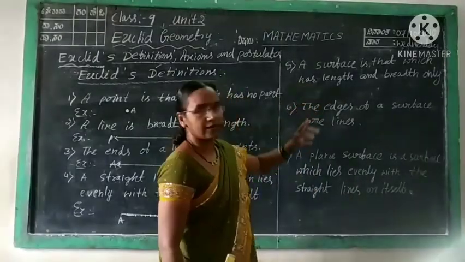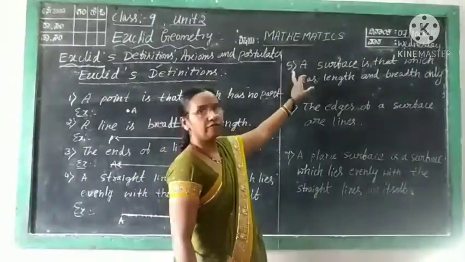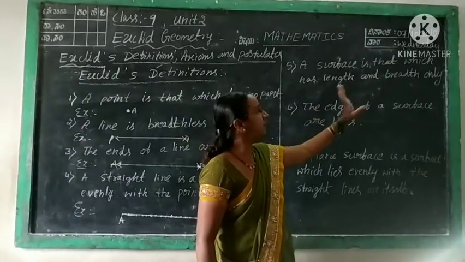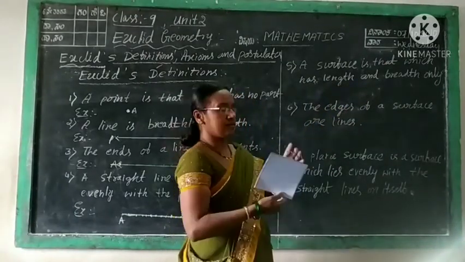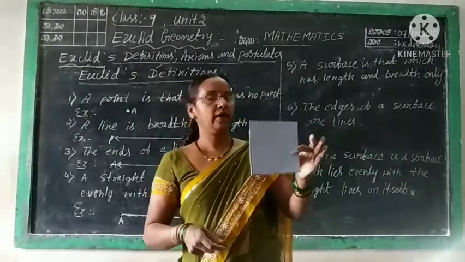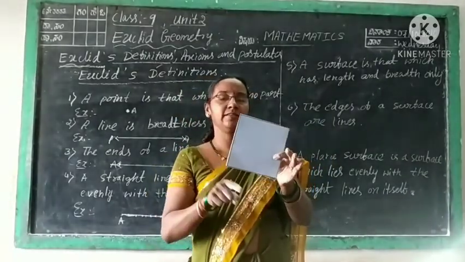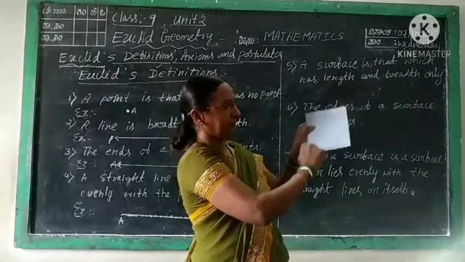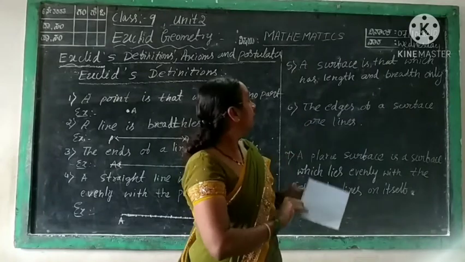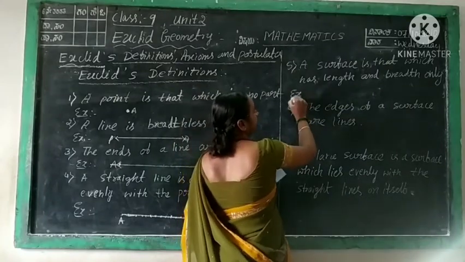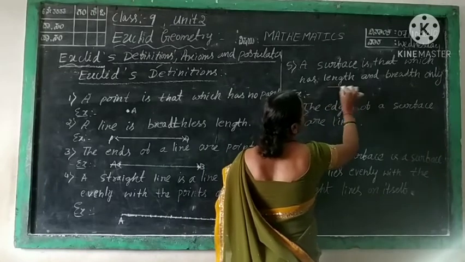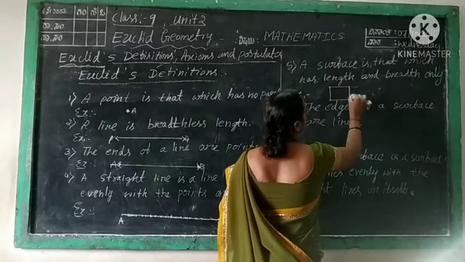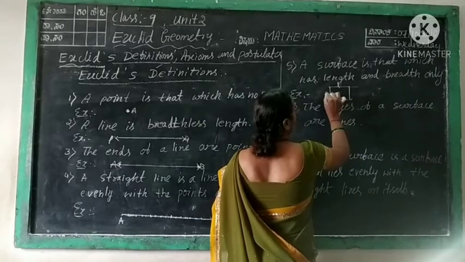For example, a square is one surface having length and breadth.